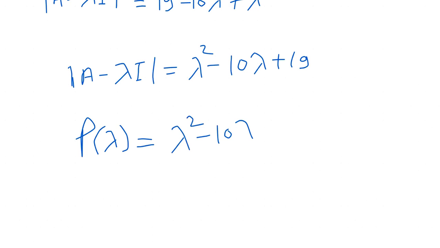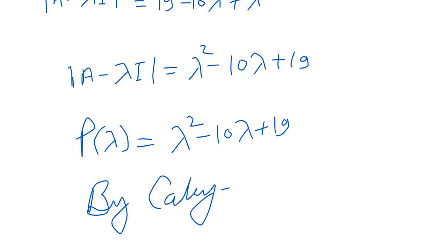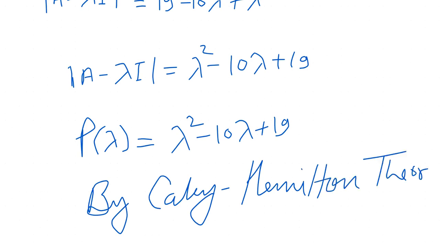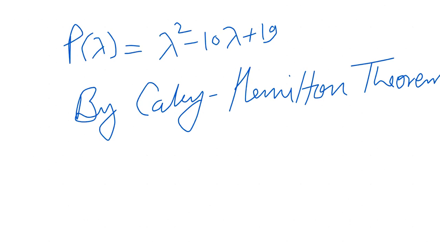Put lambda using the Cayley-Hamilton theorem. By the Cayley-Hamilton theorem, put lambda equal to A, and you can mention this as equation 1.